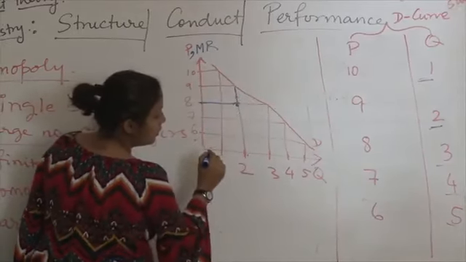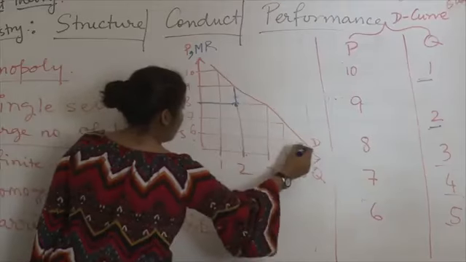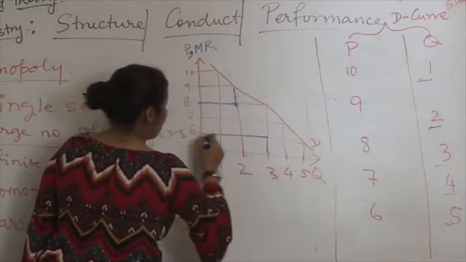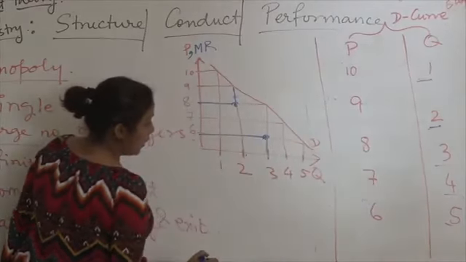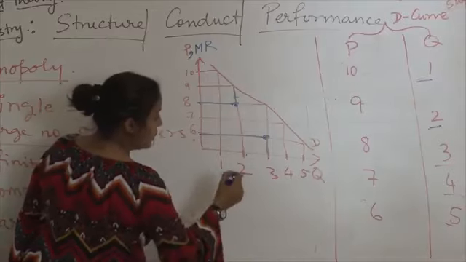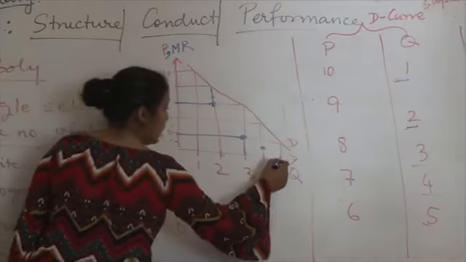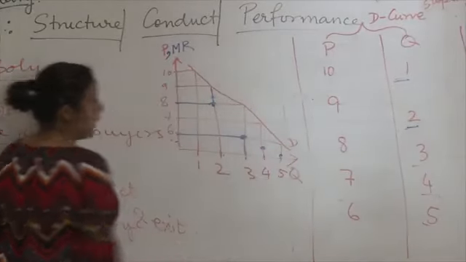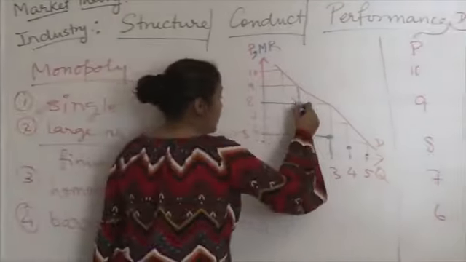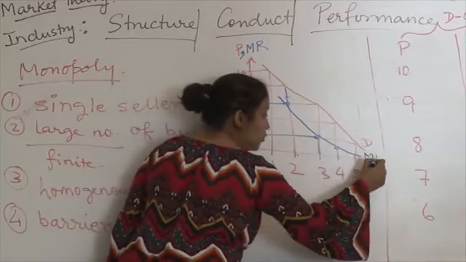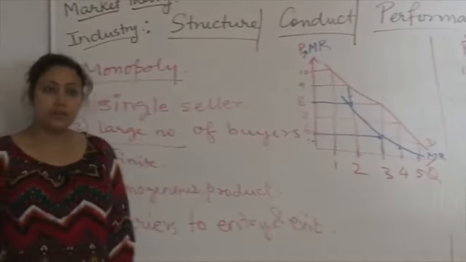For the third unit, it will be here. For the fourth unit, it will be at 4, so it will be even lower. And for the fifth unit, it will be even lower, somewhere at 2, right. So, if I join those points, then I would get that downward sloping marginal revenue curve, correct.